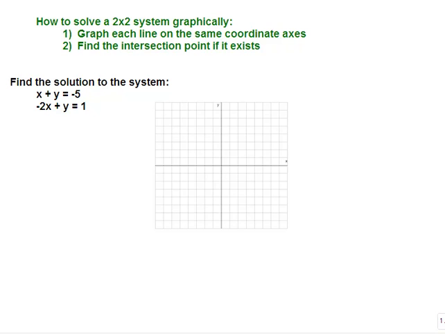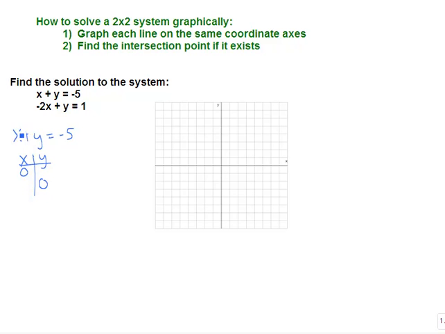So if we start with this first equation, x plus y equals -5, and we want to graph this, a very simple way to graph this, because it's in that standard form already, is to find the intercepts. So we could make a little xy table and find the 2 zeros. So we're going to let x be 0 and we're also going to let y be 0.